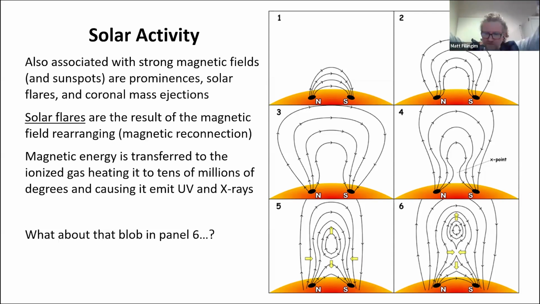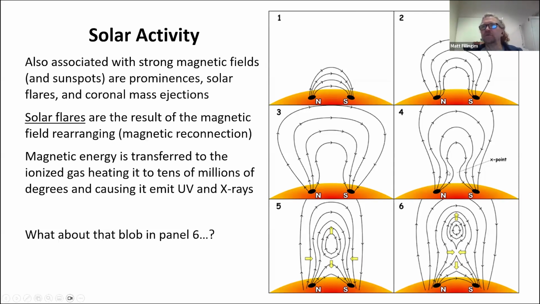Remember the corona that was 1,000,000 degrees on average? So whenever you have these events that heat that ionized gas locally to tens of millions of degrees, that can basically disperse and heat the entire corona.